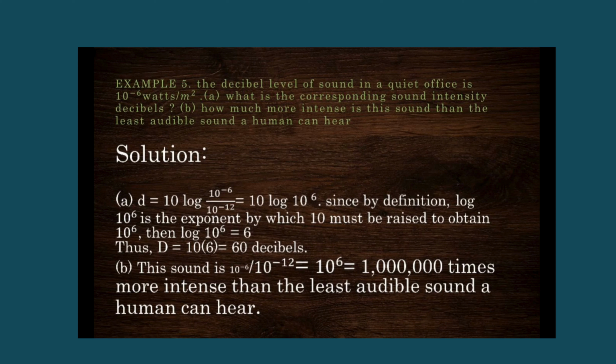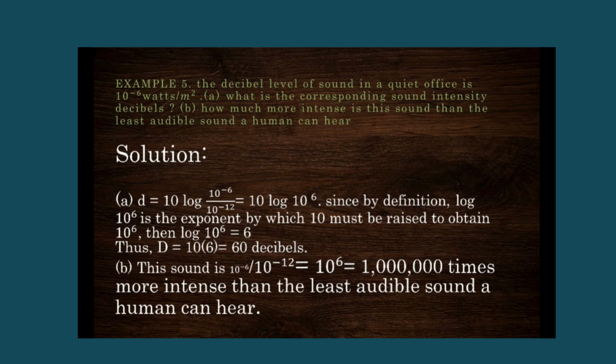So in our solution, as we can see in A, D equals 10 log of 10 to the power of negative 6 over 10 to the power of negative 12, which equals 10 log 10 to the power of 6. Since by the definition, log of 10 to the power of 6 is the exponent by which 10 must be raised to obtain 10 to the power of 6, then log 10 to the power of 6 equals 6.